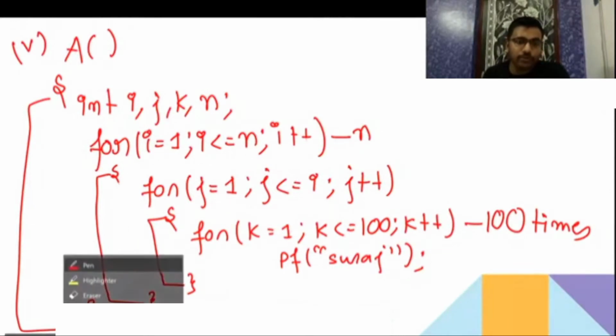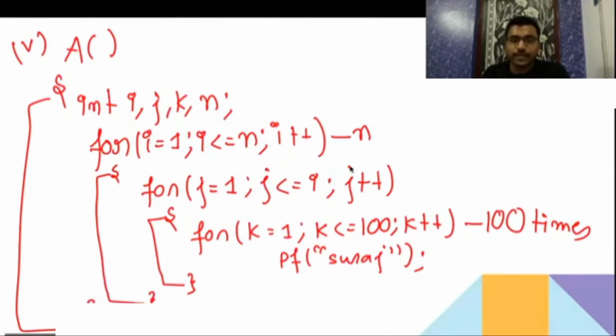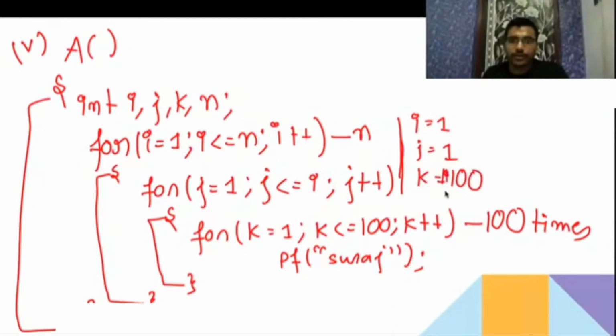Now see how to unroll this kind of questions. Correct, Chandra. So when i is equal to 1, j will run for 1 time, then k will run, this is inside that, 1 times 100. That is 1 into 100.